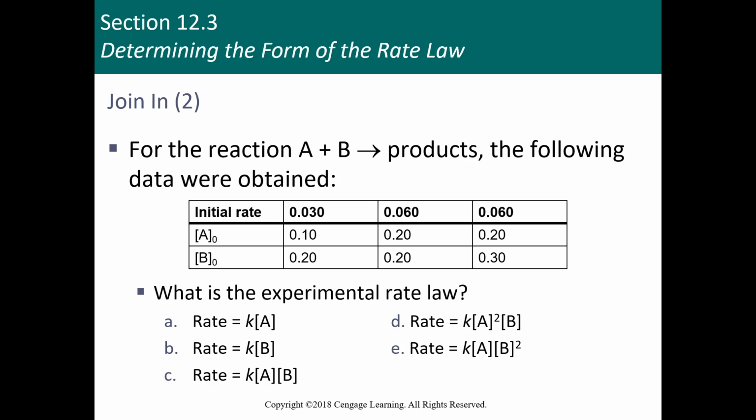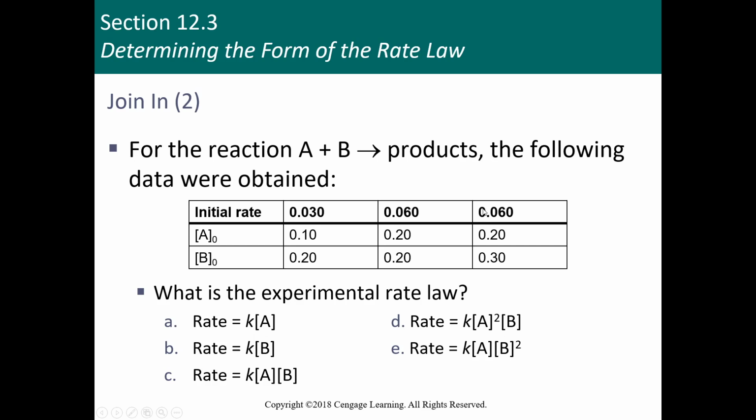And the reason for that is anything to the power of 0 is always 1. And that means it doesn't matter what numbers you put in for the concentration of B. It always has a times 1 for everything else. It always has no effect on your rate. Okay? So any change in concentration of B has no effect on rate.